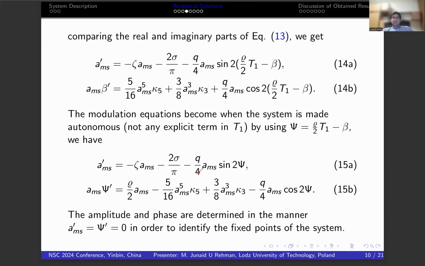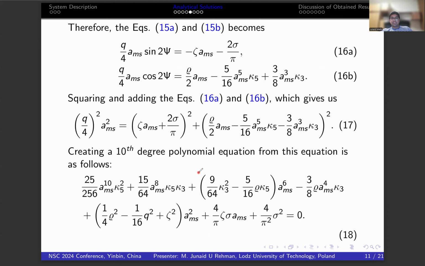After comparing the real and imaginary parts, we will get equation 14. The modulation equation becomes autonomous, not explicit in T1, by using psi equal to zeta by 2 T1 minus beta, and then we get equation 15. For the fixed point, we put the first derivative of amplitude and psi prime equal to 0, and we get equation 16.